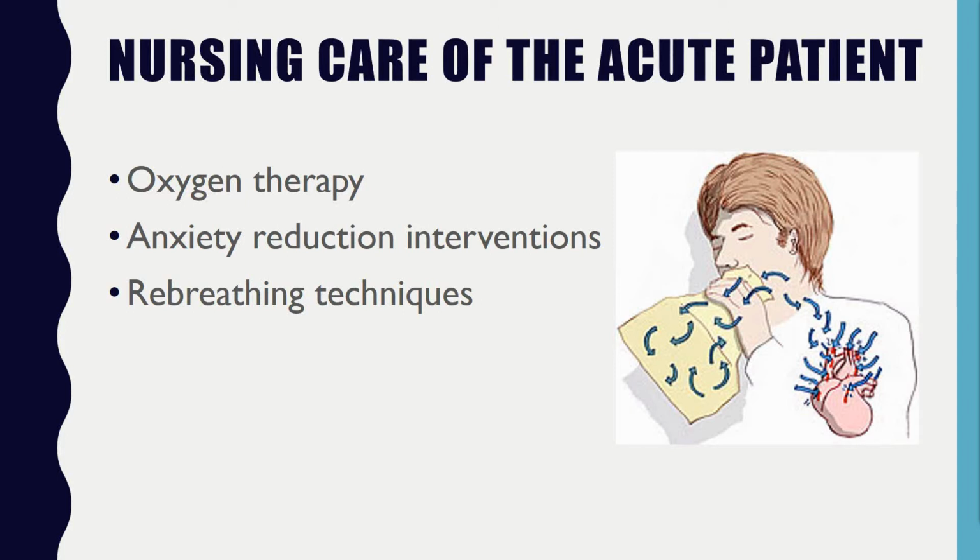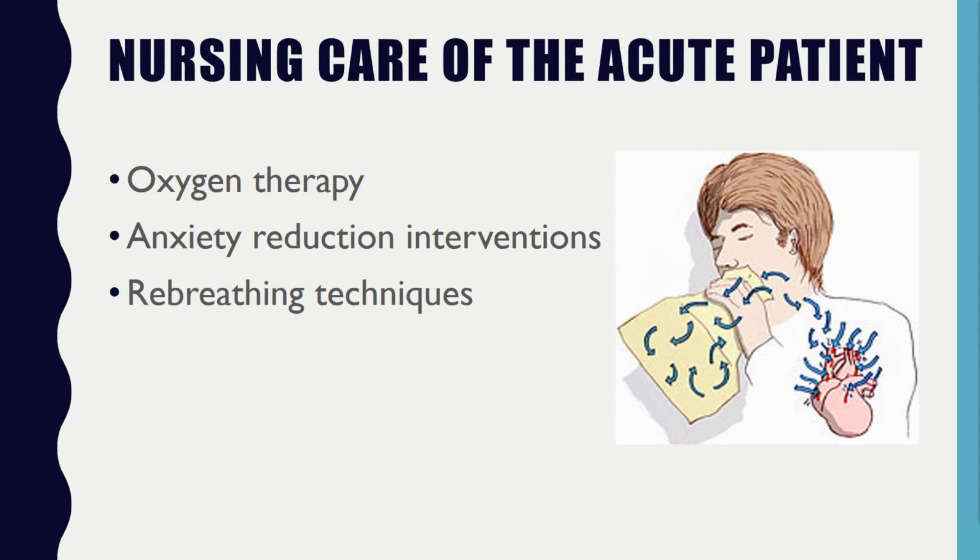So the best treatment for suspected hyperventilation is to teach breathing exercises and encourage the patient to take slow, regular breaths. We're going to want to monitor vital signs, level of consciousness, and ABGs. We're going to encourage the patient to breathe more slowly, teach some breathing and stress reduction techniques.